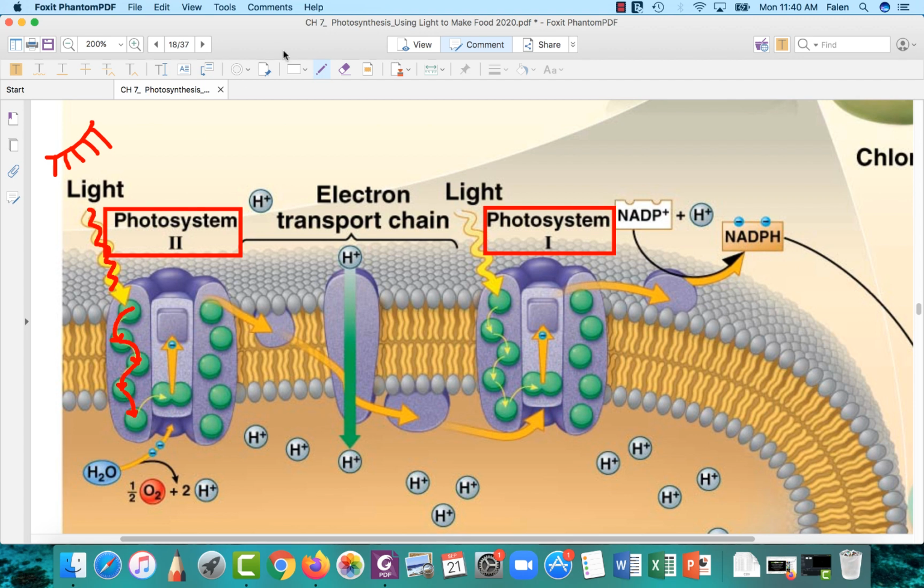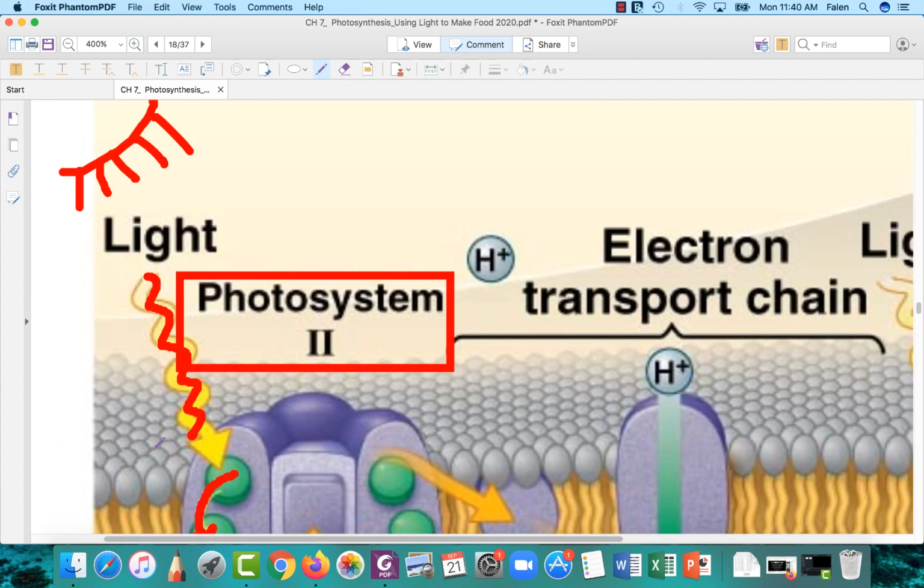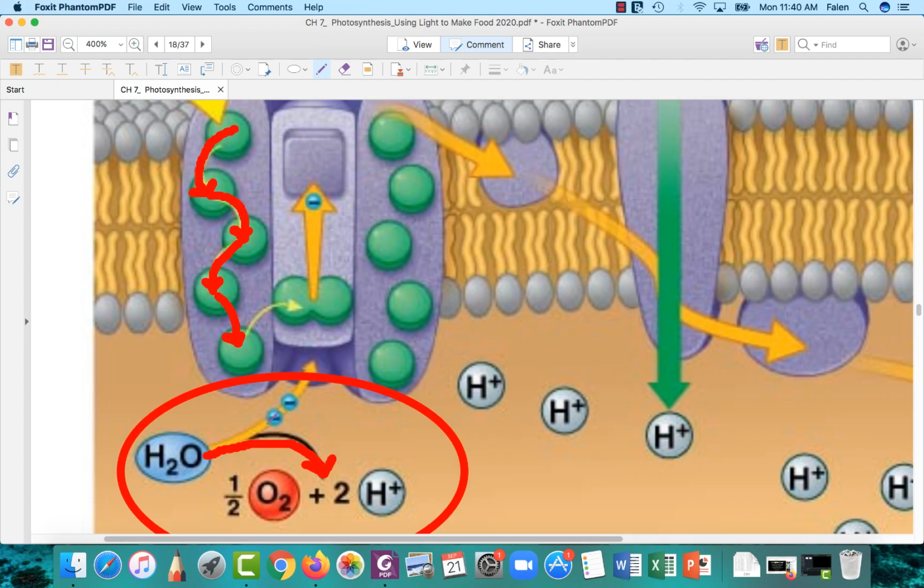Well, of course we get it from electrons. There's only one place to really get it from. And it comes from, very specifically, this process. Notice this process carefully. What is happening here? Water is being split. Okay, water is H2O. And when it is split, it does something very special. It releases electrons. See these two little guys right here? Let's zoom in on them. These are electrons.